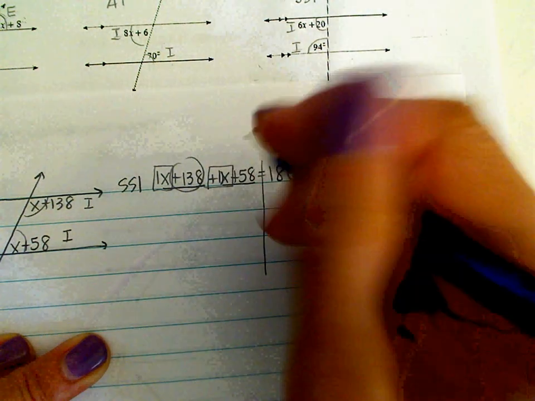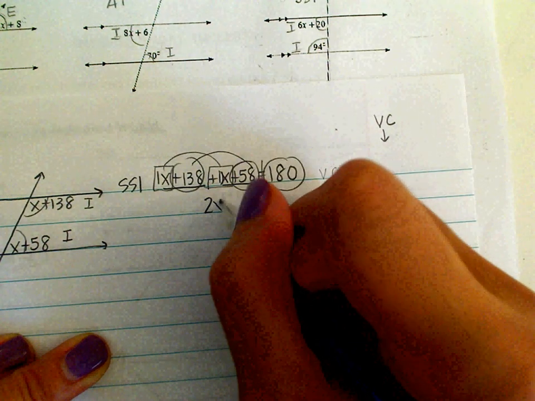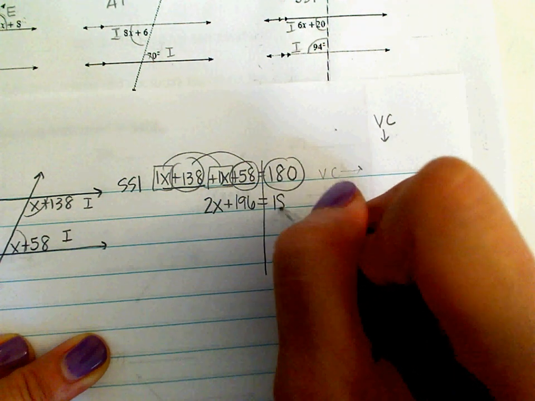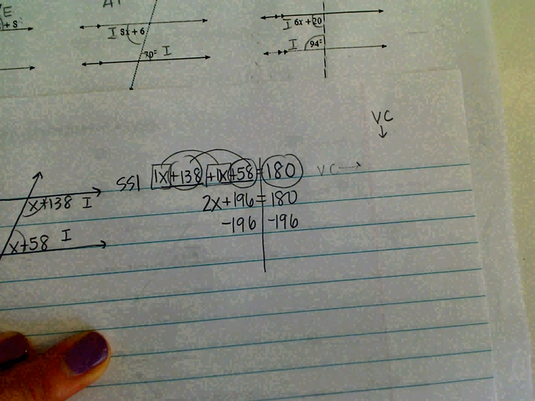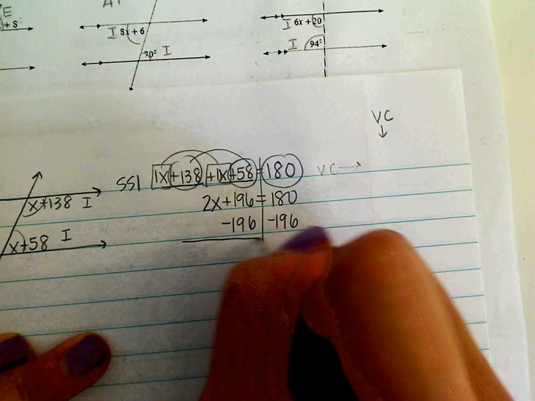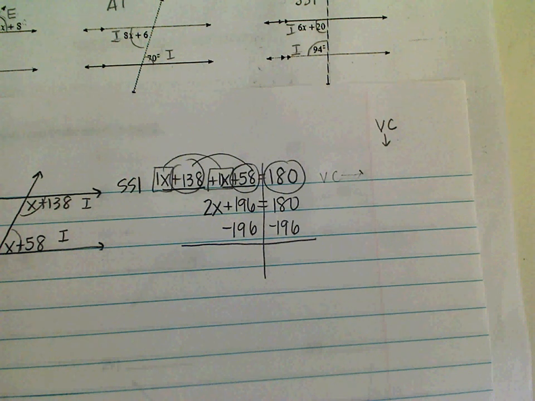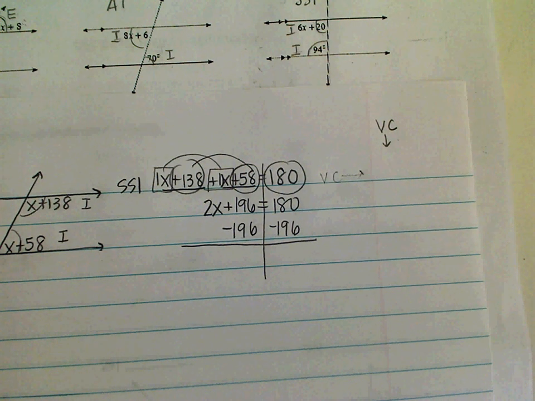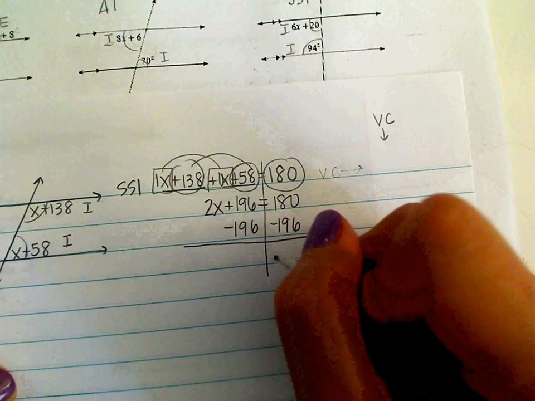That's a 1. Combine. Let's double check that. I'm going to use my calculator real quick. Okay, so this should be negative 16, and this is 2x.